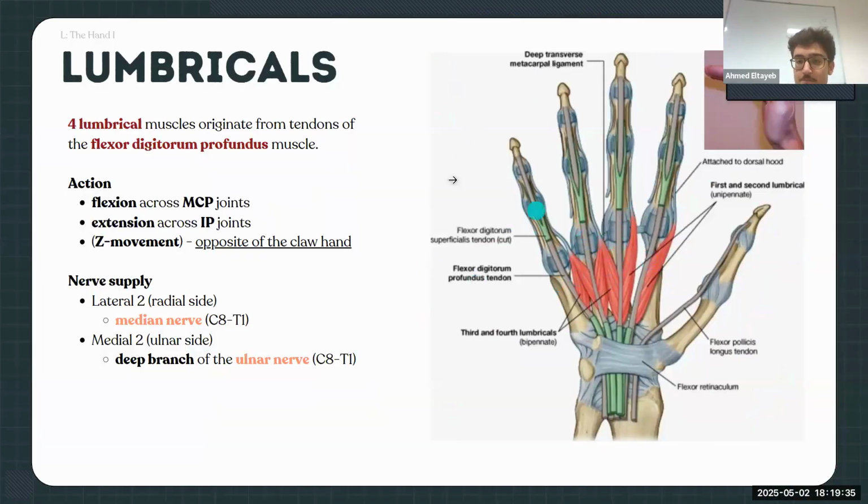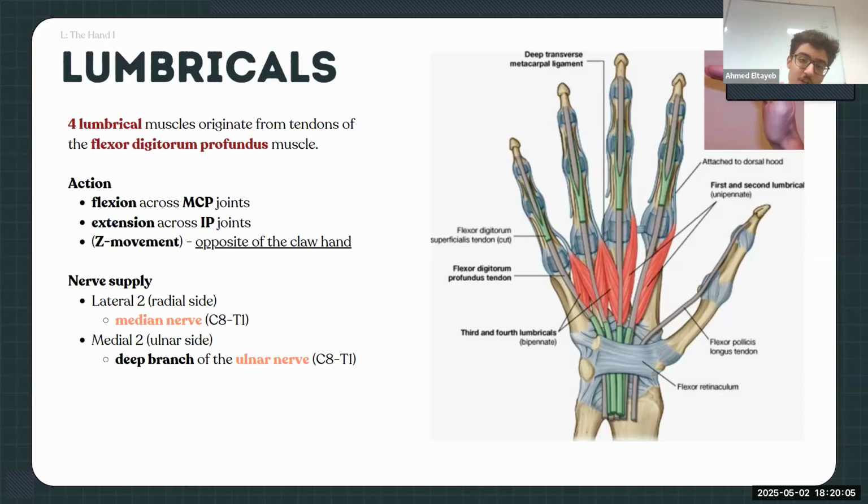And what's their function? Basically, flexion of the digits across the metacarpal phalangeal joint, like this, and extension across the interphalangeal joint. So imagine this muscle is doing both flexion and extension, but across different joints. So like this extension right here, this is the lumbricals, this is the interossei, this is extensor digitorum, and so much more.